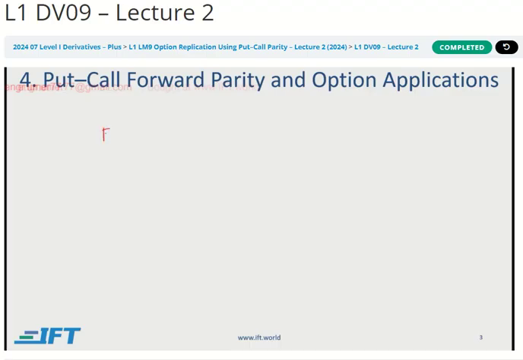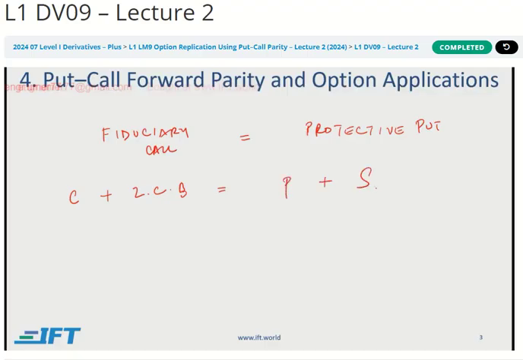If you remember, the put call parity was fiduciary call is equal to protective put. Your fiduciary call was a call option plus a zero coupon bond, which is equal to a protective put, which was your put option plus the asset.